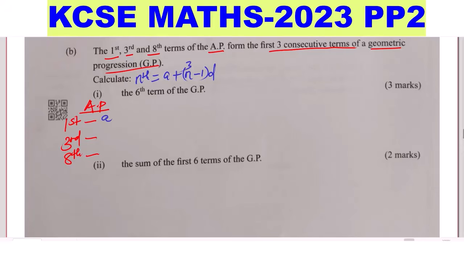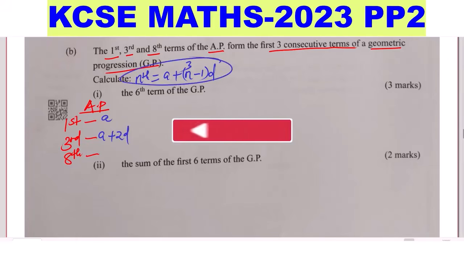So the third term will be A plus 2D. The 8th term, just take the formula of the nth term, and if you're getting the 8th term, just substitute n with 8. So this will give A plus 7D.